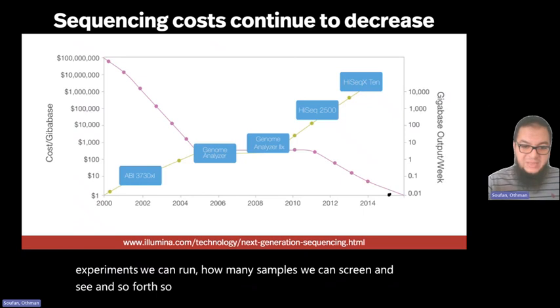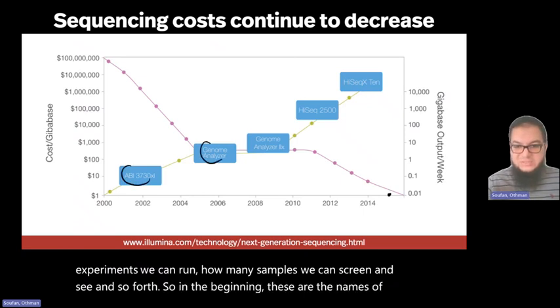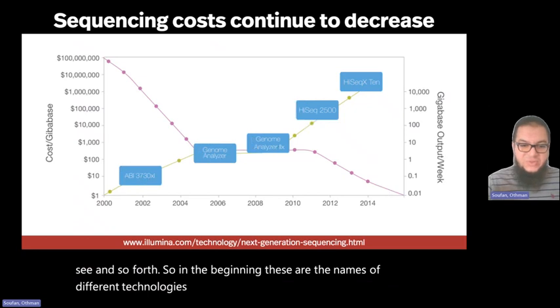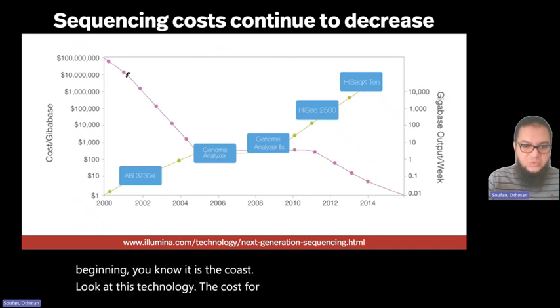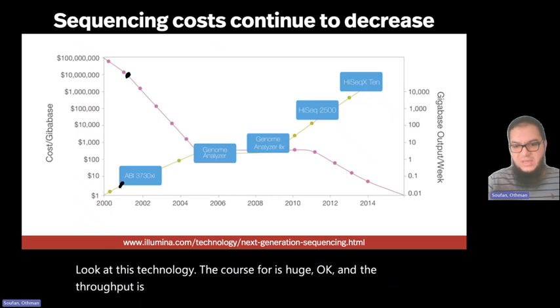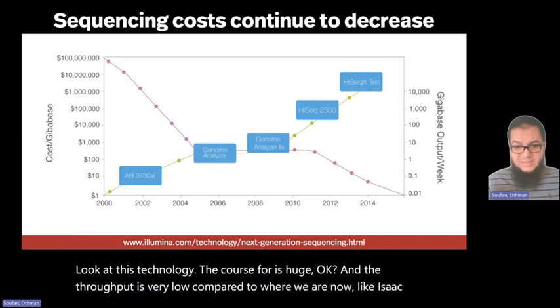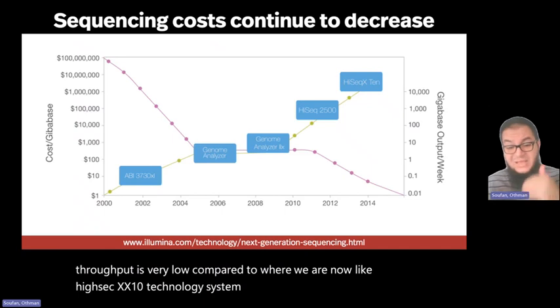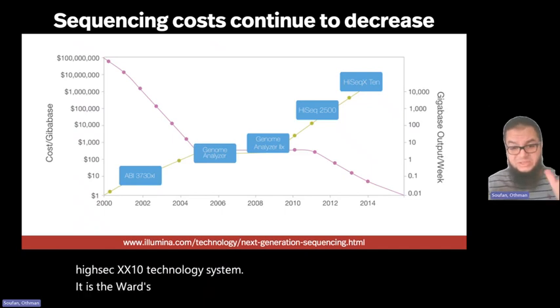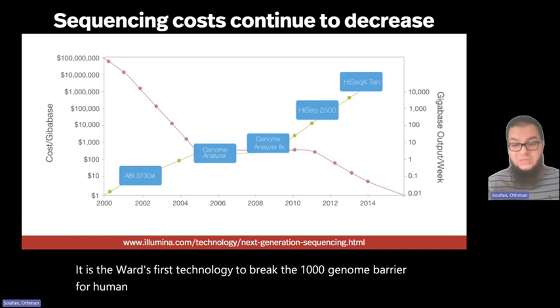These are the names of different technologies. In the beginning, the cost is huge, and the throughput is very low compared to where we are now, like the HiSeq X10 system. It is the world's first technology to break the $1,000 barrier for human whole genome sequencing.